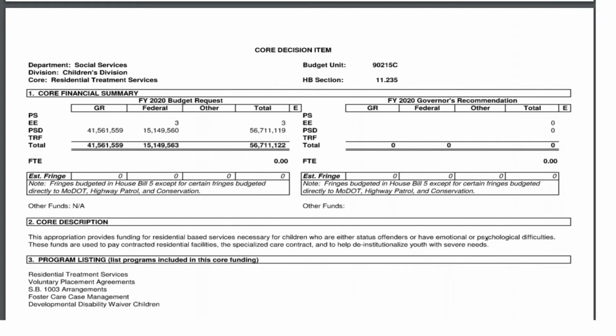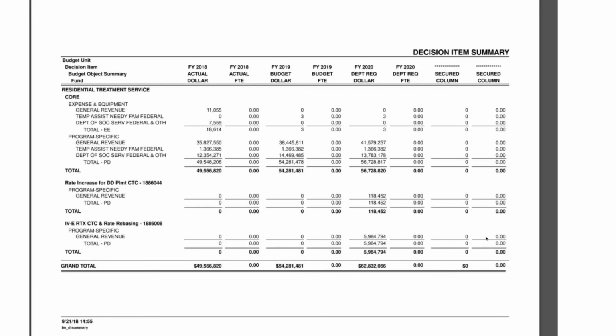Again, the GR portion is what the legislature can decide to fund. The federal portion is either determined by just a per capita spend or leveraged by state dollars. But this is where you find where we are on the budget recommendation.